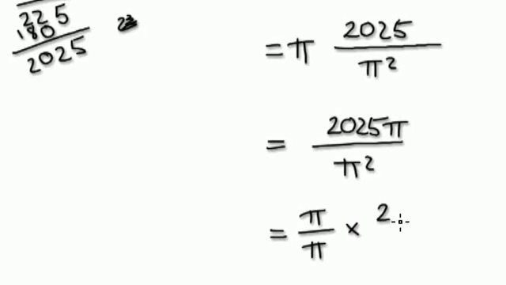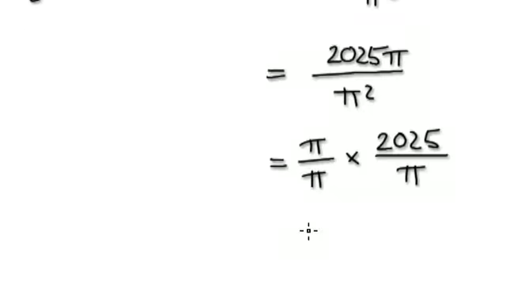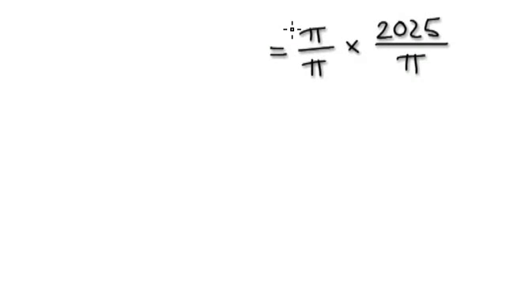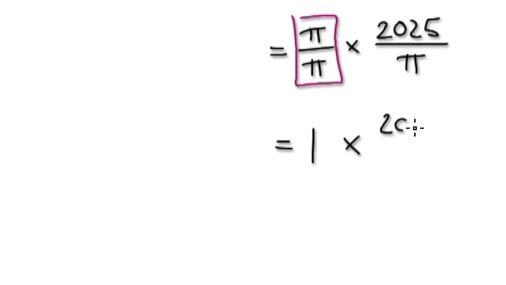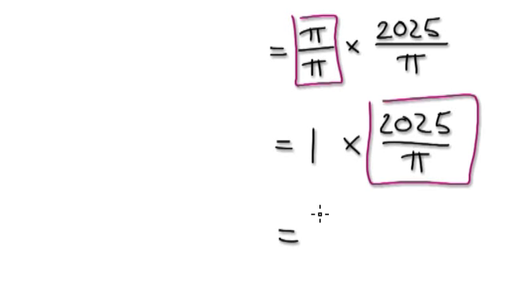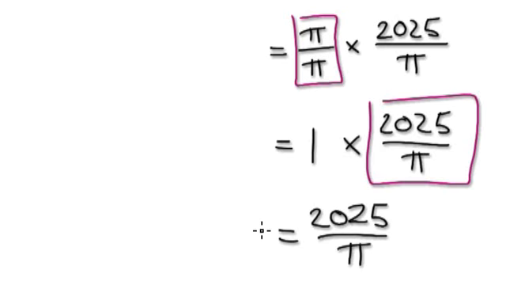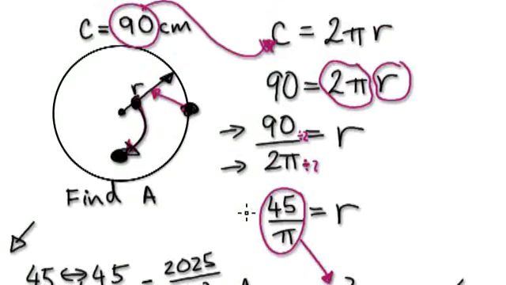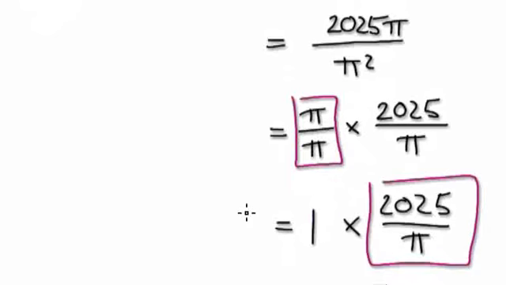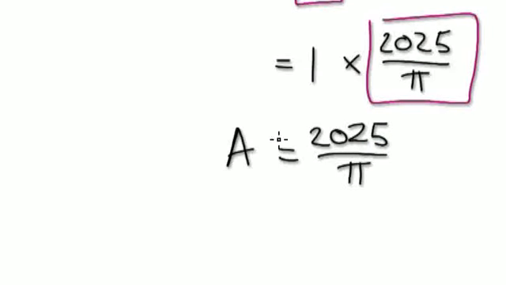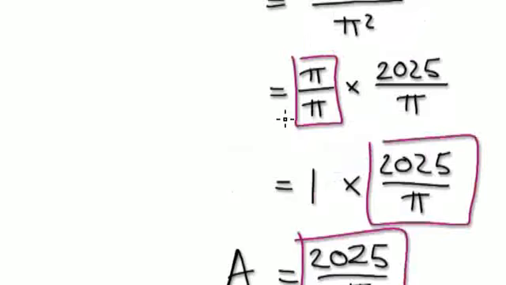So it's like this, 2025 over pi here. Then I know that pi divided by pi is just 1, times 2025 over pi. Well, 1 times this thing here is just that thing there. So it's 2025 over pi. Find A. So the area is given by this thing here. This is the area.